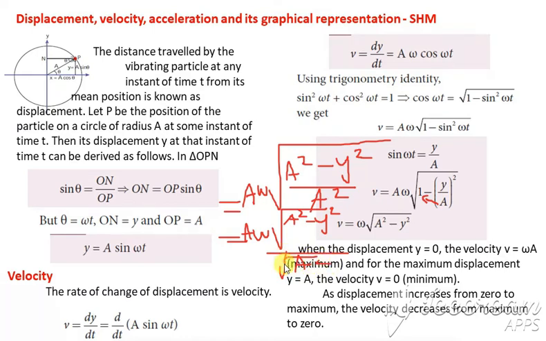Now the square and the square root get cancelled, so we get a omega into root of a square minus y square divided by a alone.